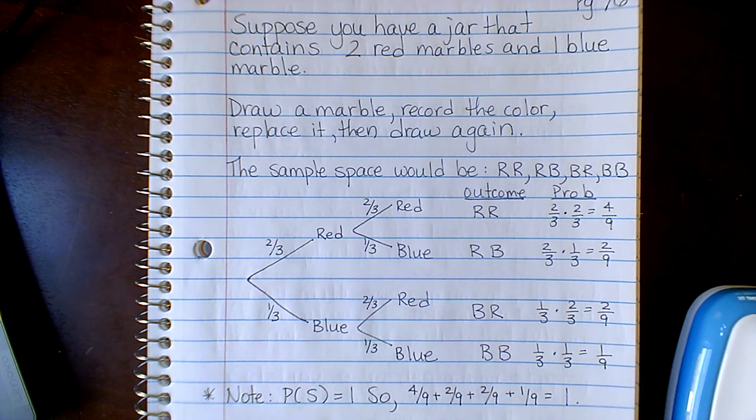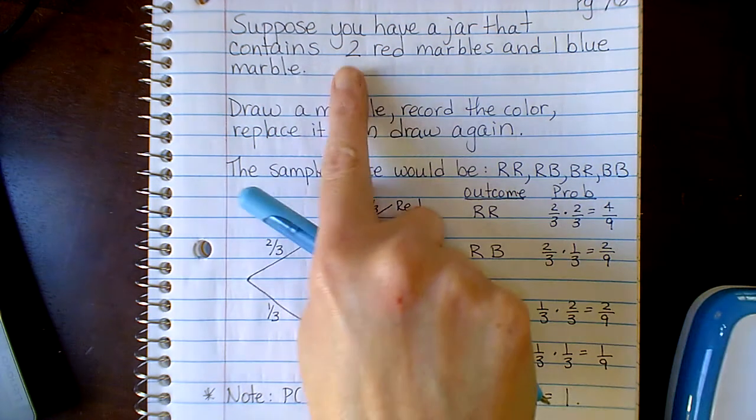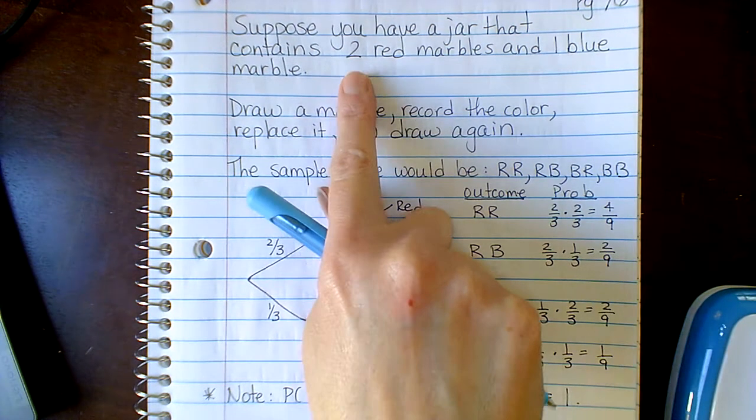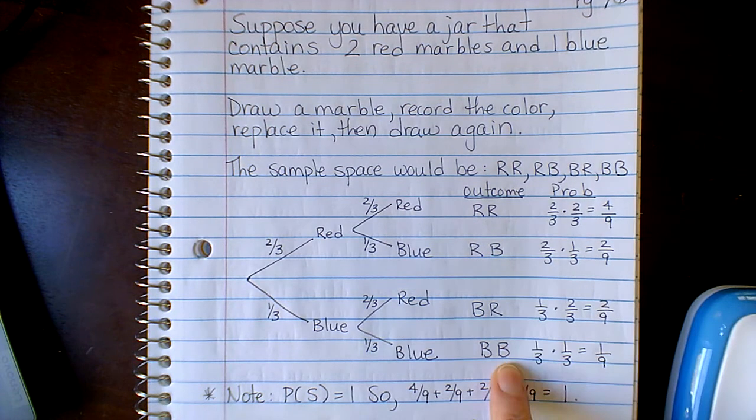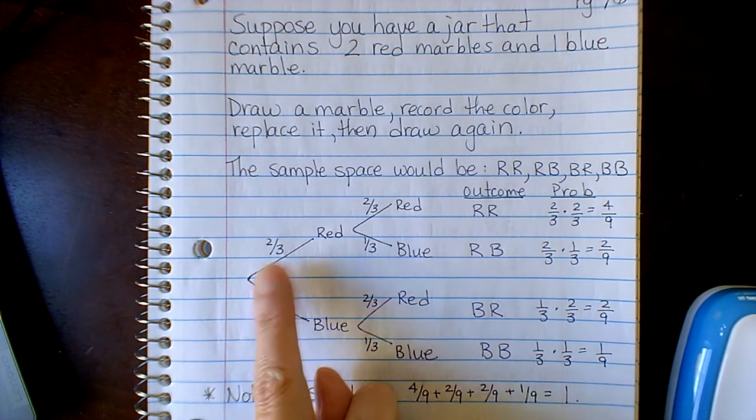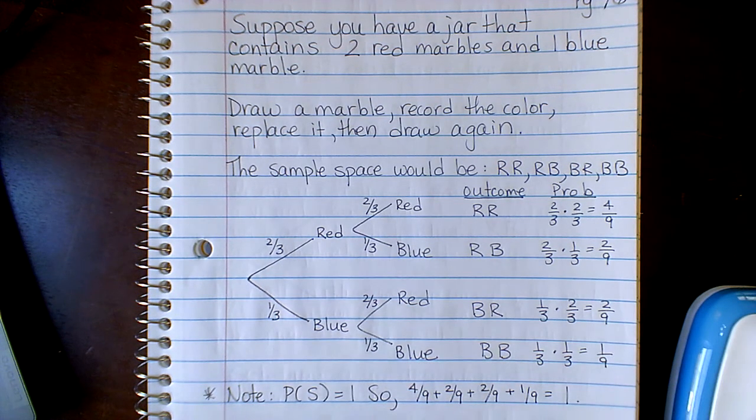Right? There's only 2 outcomes, red or blue. However, there are different numbers of them, so the red are slightly more likely. So even though we have 4 outcomes, just like we did with the heads or tails, these are not equally likely outcomes, because there are more reds than there are blue.